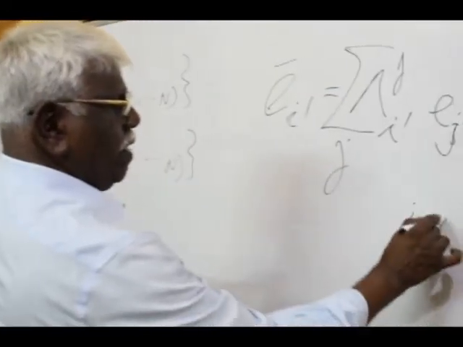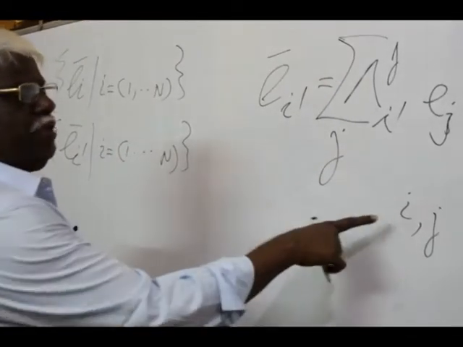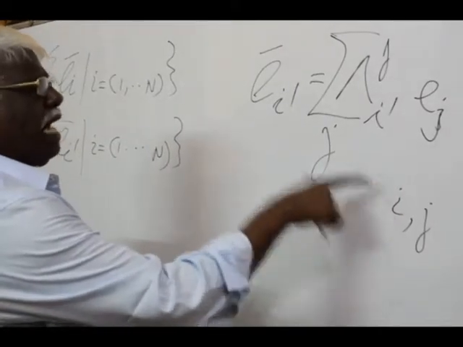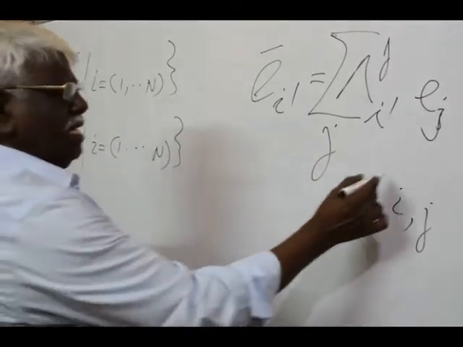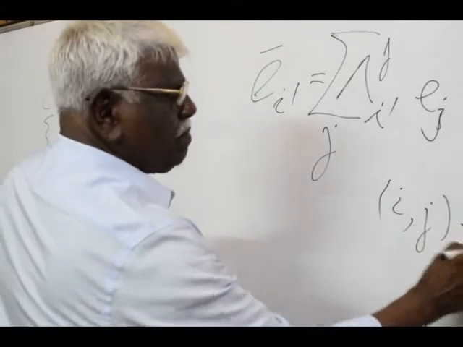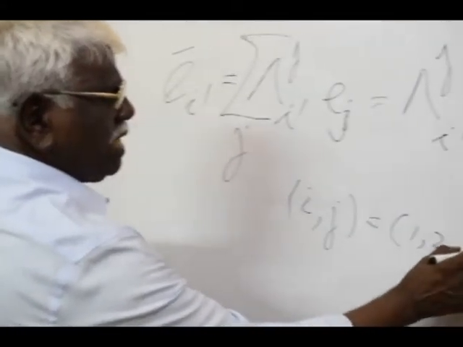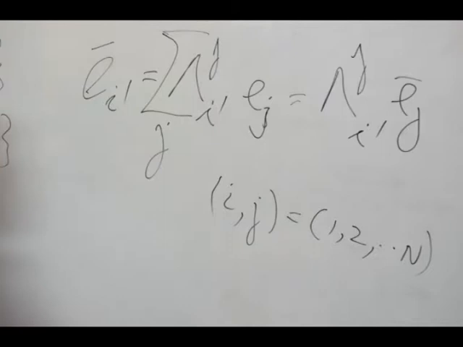Here you need not put the prime on i; i and j go from 1 to n.